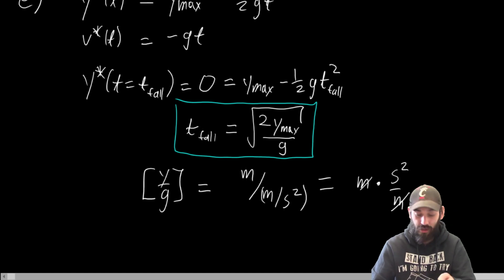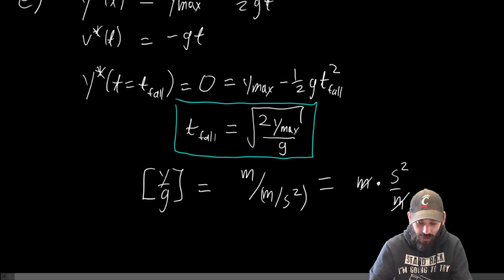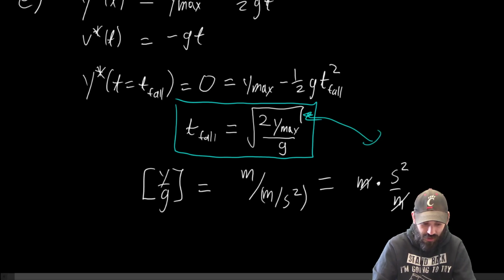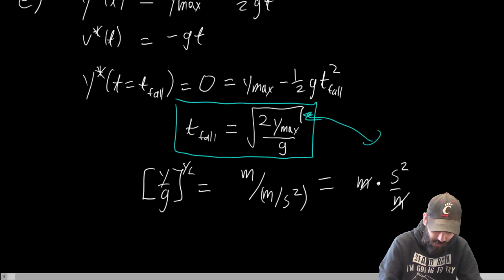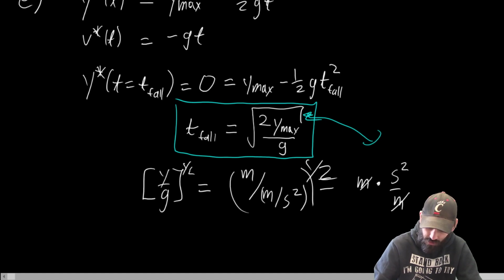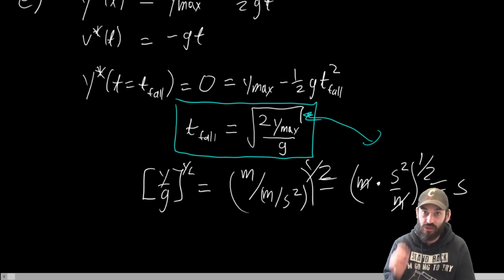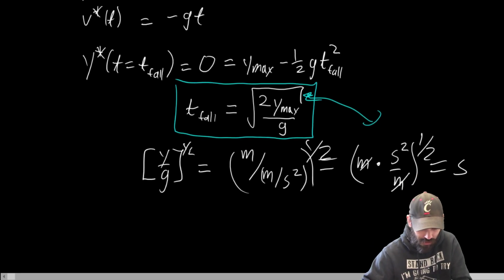So this has units of seconds squared, but don't forget that we're raising this to the half power. So when we do this, it's just going to be equal to a second, which is what we expected. Dimensional analysis, very important tool. Make sure you use it.